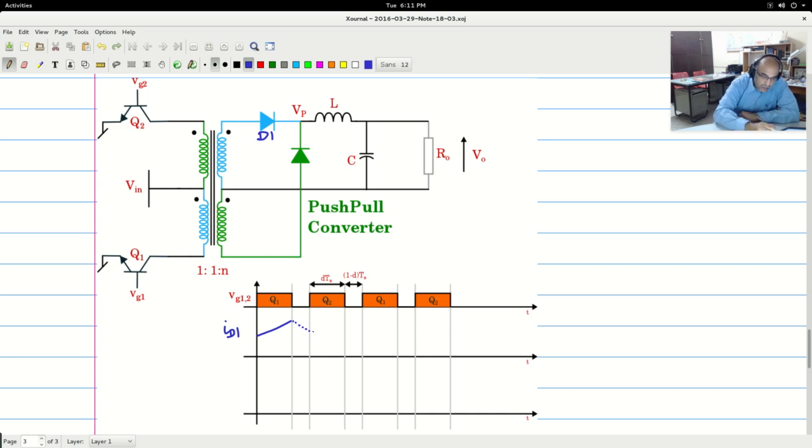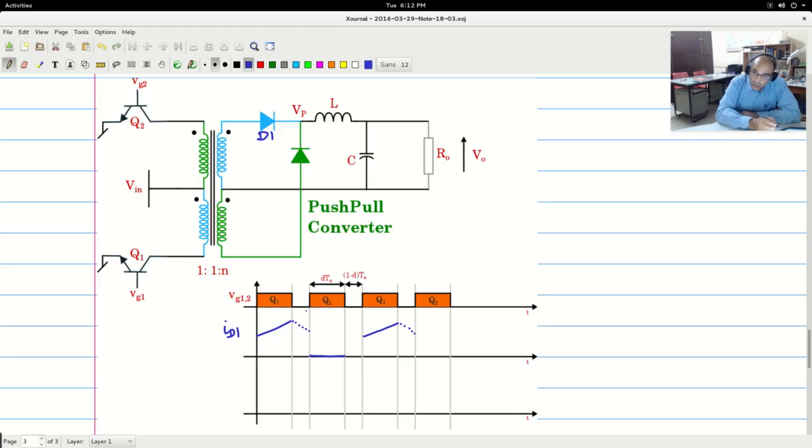During the time when Q2 is conducting, the ID1 current will not be flowing, so I can safely say that it will be 0 during this time. And again during the time when Q1 and Q2 are off, there will be some sharing of the current, which we will come to. Then again when Q1 is on, it will take the shape and continue. Now I showed it dotted because that is not the profile of the current flowing through the diode.